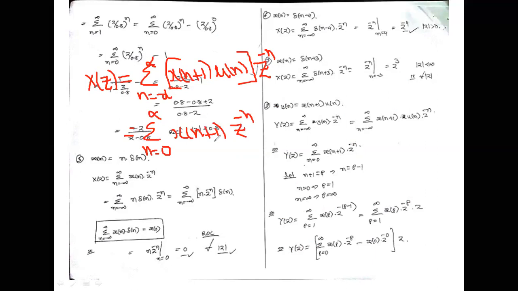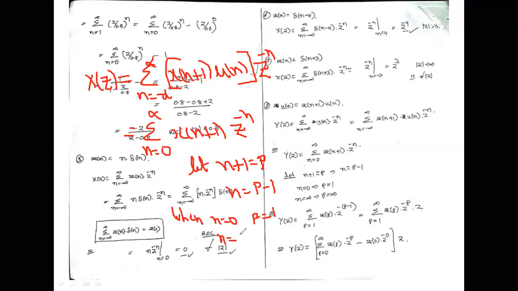According to the shifting property, you can write it, or otherwise, let n plus 1 is equal to p. Then n is equal to p minus 1. Substitute here, and change the limits also. When n is equal to 0, because it's the first limit here, p is equal to 1.